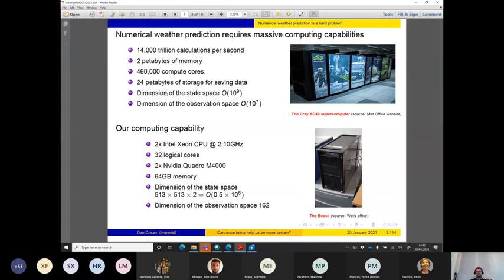Now, the model itself, and I'm going to come back to the model. The Met Office uses a model, and I'll explain a little bit about it. It has a dimension of order 10 to the power 9. So there are order 10 to the power 9 variables used to produce forecasts, and then the observation space, right? This includes satellite imagery, the one that I showed you, but not just that.